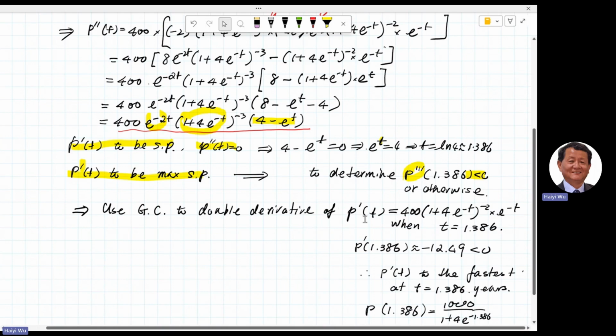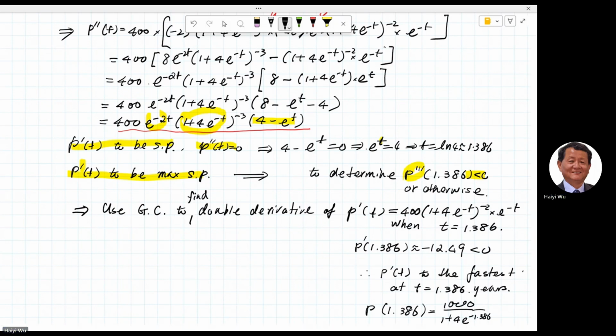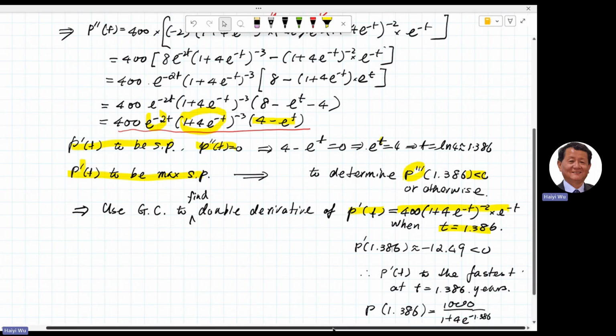We're going to do the second derivative of P'(t), and this time I'm going to use the GC, the graphics calculator, at t equals 1.386. Algebraically you can do it, but it takes a very, very long process.